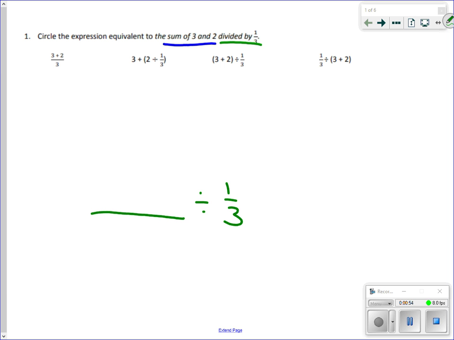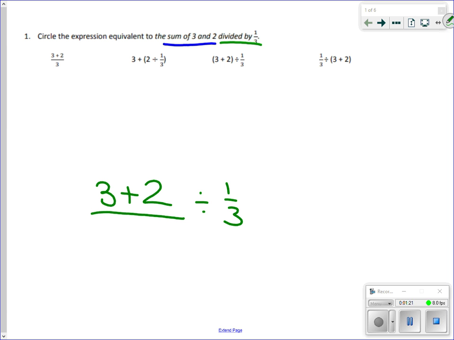So what is being divided by 1/3? The sum of 3 and 2. What is sum? Addition. So 3 plus 2.